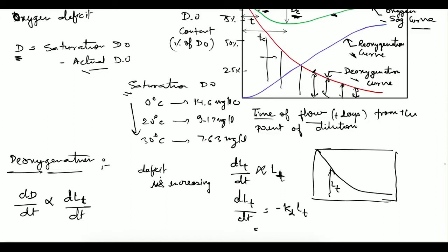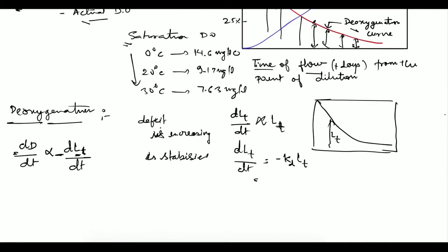Now if more oxygen is being consumed, then what will happen to the organic matter present? If the oxygen is consumed, then organic matter is stabilized. So we can say if dD by dt is increasing, then dLT by dt would be decreasing. So we can put a negative sign here, and dLT by dt is equal to minus KD into LT. So we can say dD by dt is equal to minus KD into LT. That is about your deoxygenation.